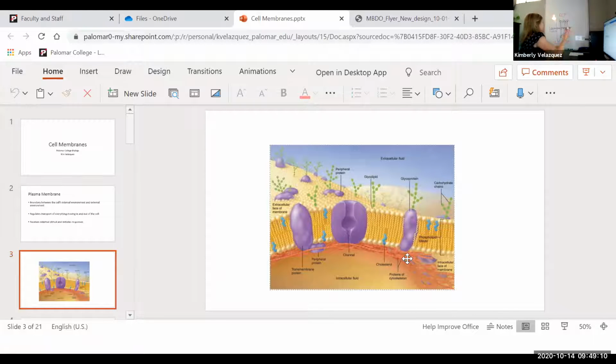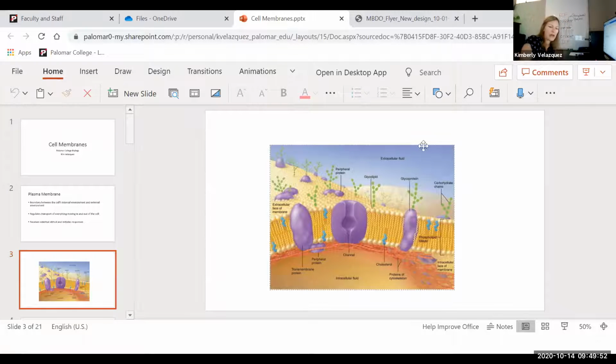If we had a protein that was tucked in here and it didn't span the whole membrane, that's called a peripheral protein. So a peripheral protein can be just on the outside. It can also be just on the inside, but they're mostly on the outside.